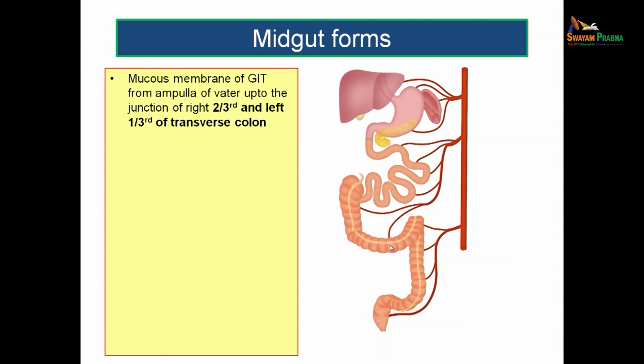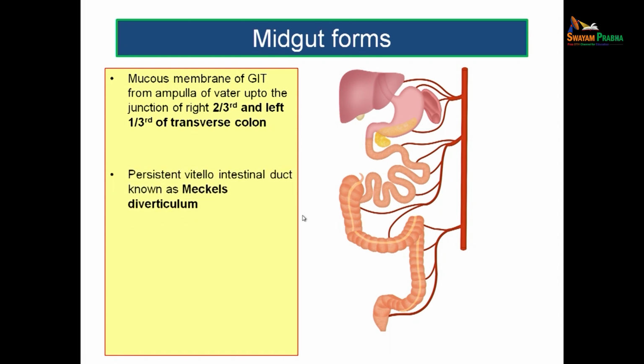Roughly somewhere here, up to this point you have the midgut. So, starting from the ampulla of Vater in the second part of duodenum, up to the junction of right 2/3 and left 1/3 of the transverse colon, you get the midgut formed. All the structures within this region are derived from the midgut.